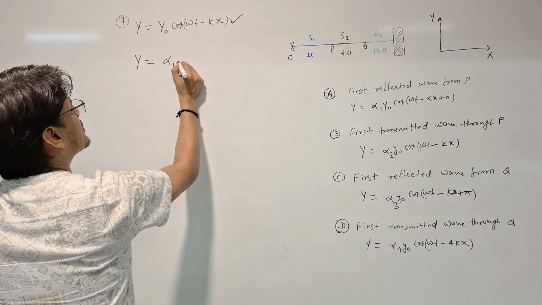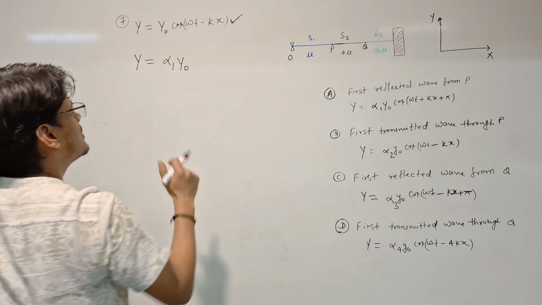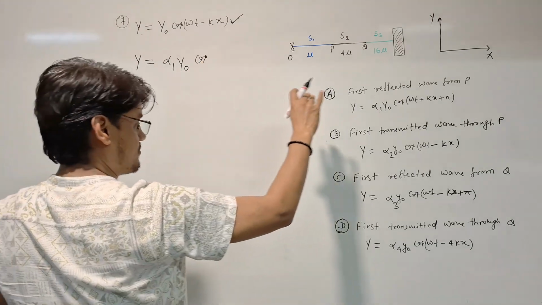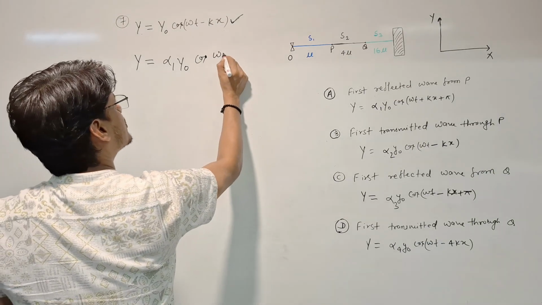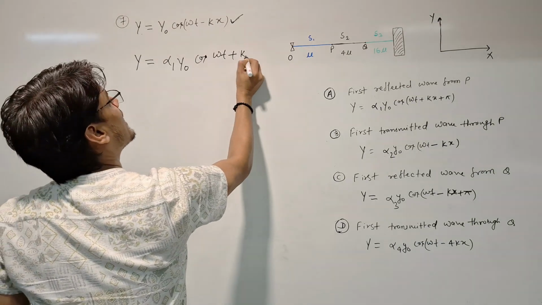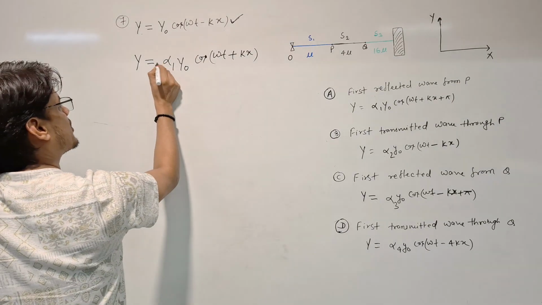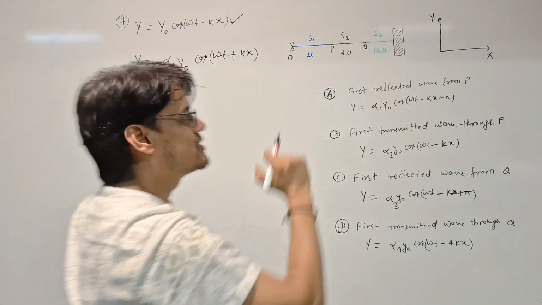Then you can write this, where alpha 1 is a positive number, and if it travels in the negative x-axis, you can write omega t plus kx. And it is inverted, so you can write the y value in the negative y direction.